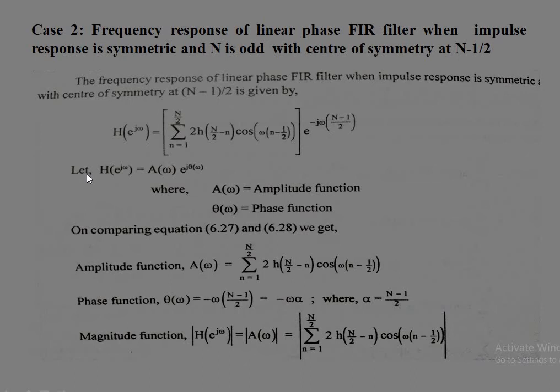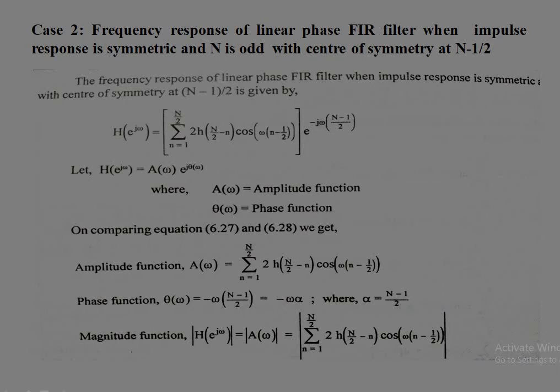In such a case, you can split h(n) into two parts, from 0 to N by 2 minus 1 and from N by 2 to N minus 1, and you can check how this symmetric impulse response with an even number of samples shows the frequency response.